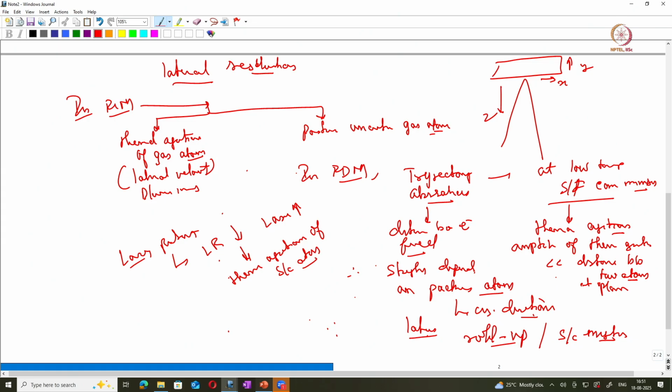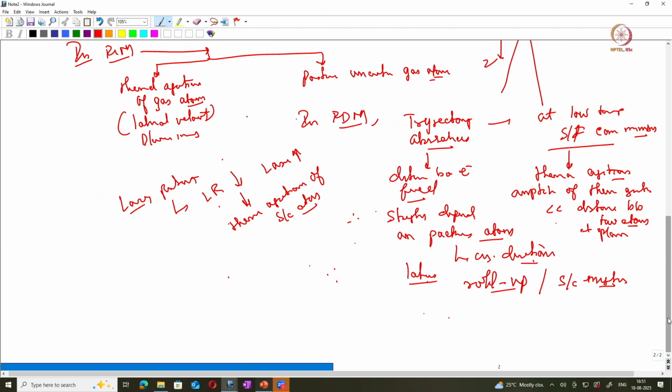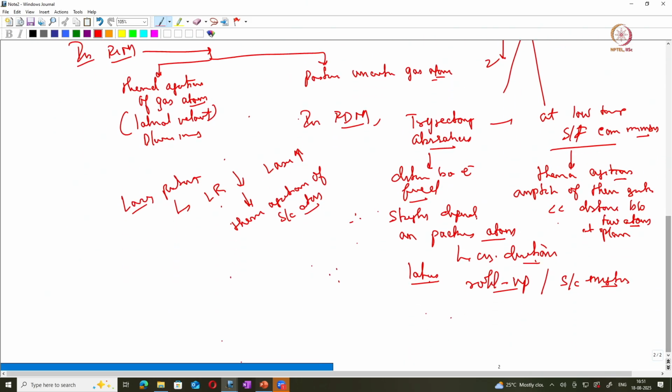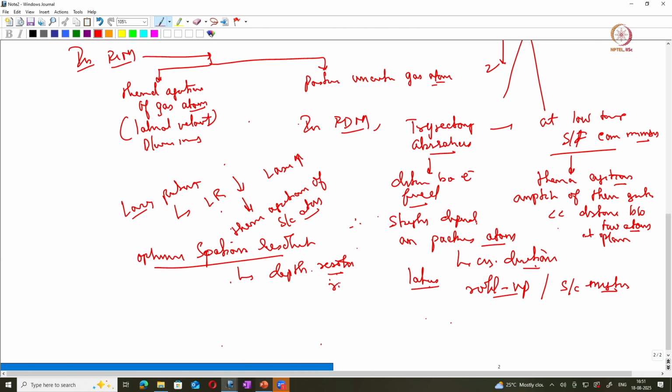Okay, so there should be an optimum spatial resolution that consists of a depth resolution related to the order or the sequence.